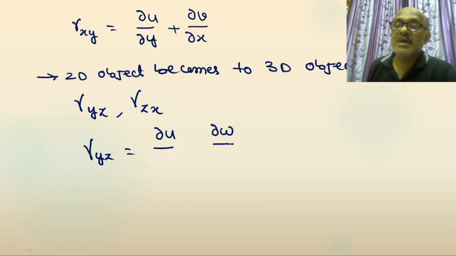Draw a line here. This displacement w is in the z direction, write down ∂z, plus here.